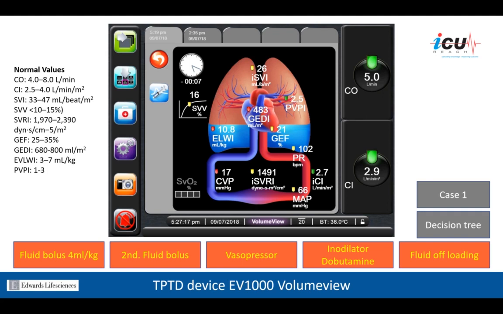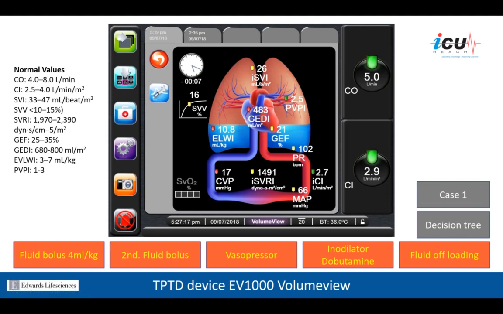If you increase the tidal volume to 8 ml, you're probably going to see higher stroke volume variation. So these three parameters indicate that this patient has decreased preload, and probably he would benefit from a fluid bolus. However, before we do that, let's assess the other parameters.